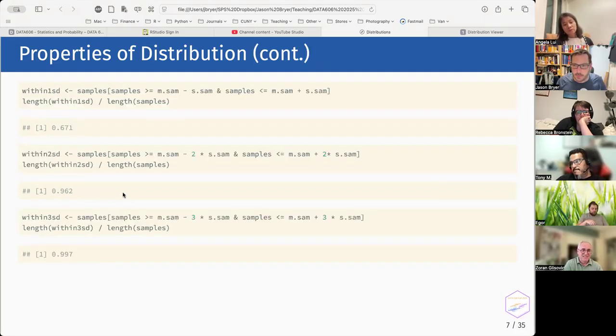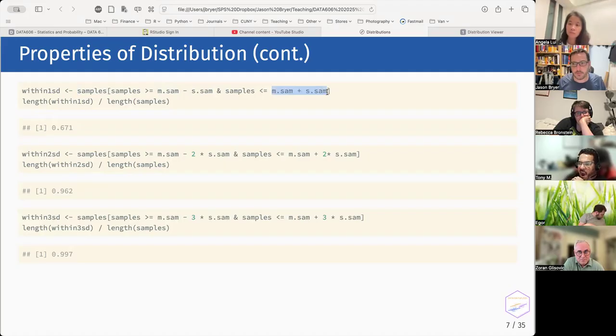Okay. So now let's explore this a little bit. I have this vector samples, and what I'm doing on this first one is saying, give me all the observations from the samples vector where the sample is within one standard deviation. So I'm saying samples is greater than mean minus a standard deviation, and samples less than or equal to mean plus a standard deviation.